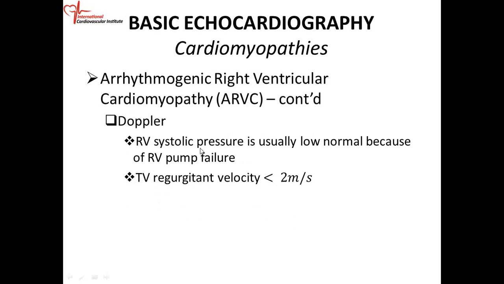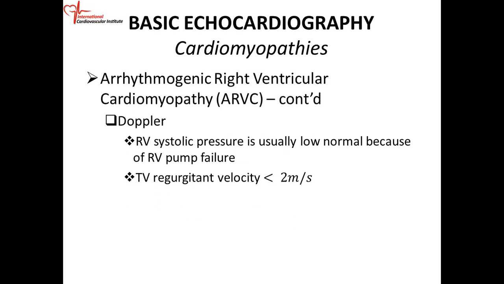So again, your RV systolic pressure is usually low because the RV pump is malfunctioning. The RV pump cannot generate a large RV pressure. You expect, because the RV is not contracting well, the pressure to be elevated, but the pump is very abnormal.